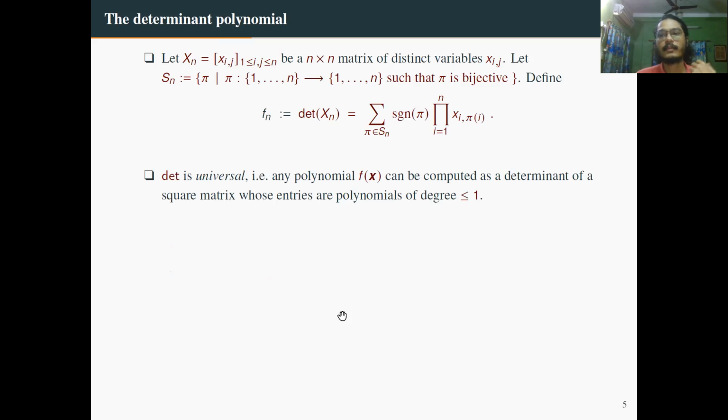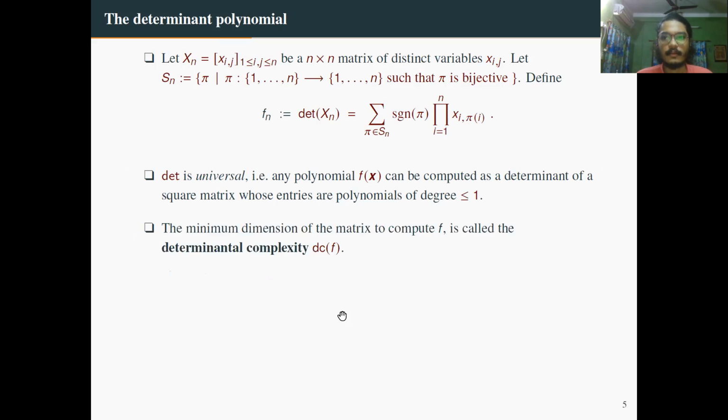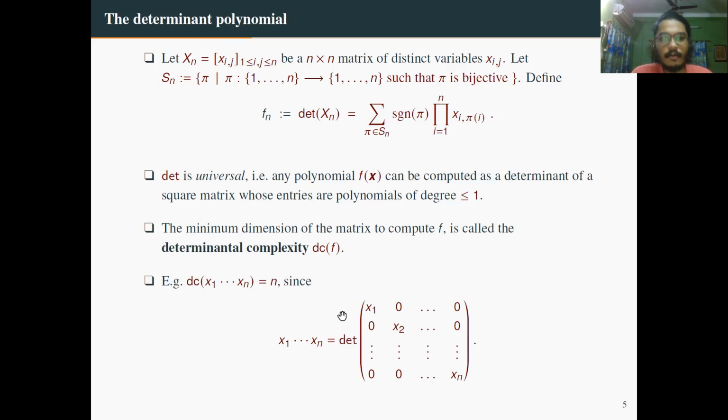Now it is known that the determinant is universal. That means any polynomial f can be written as a linear projection of the determinant. Since any polynomial can be written as a linear projection of the determinant, you can talk about the minimum dimension of the matrix which computes f. We call it determinant complexity. To give you an example, take the monomial x1 dot dot xn. This has determinant complexity n, you can show. Okay.